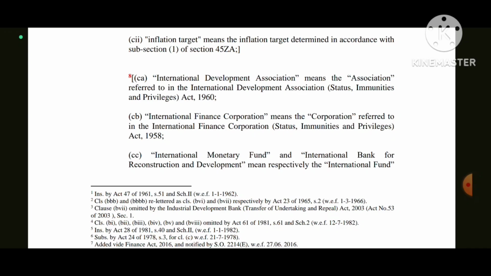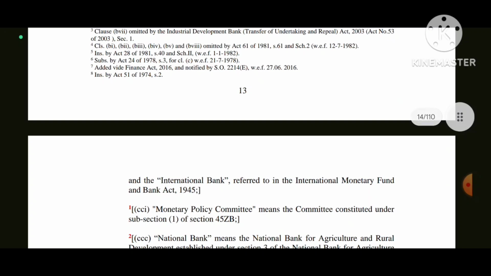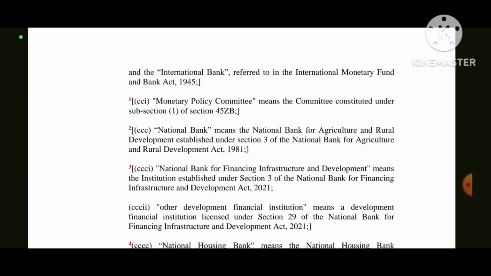Next clause is CC, International Monetary Fund and International Bank for Reconstruction and Development, mean respectively the International Fund and the International Bank referred to in the International Monetary Fund and Bank Act 1945. Next clause is CC1, Monetary Policy Committee, means the committee constituted under subsection 1 of section 45ZB. So this will be covered in section 45ZB also.